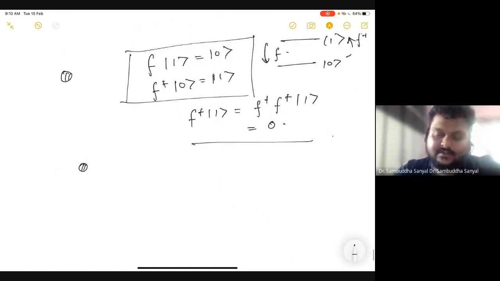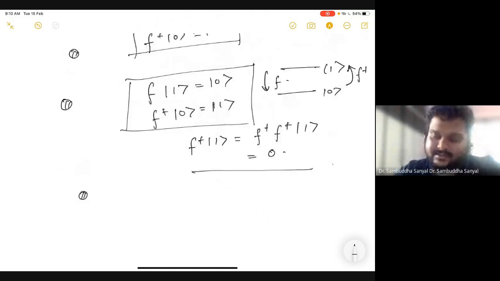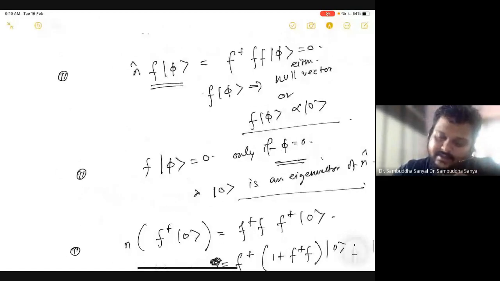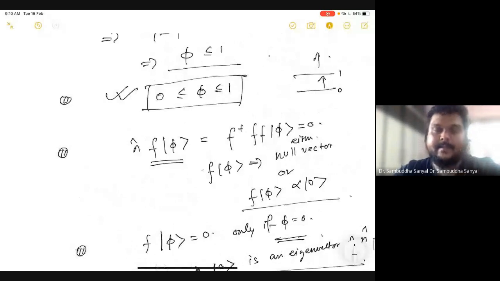So notice, everything is clear so far, at least this. If you have not followed the algebra, did you understand this statement? Everybody is clear up to this? Any comment? Am I connected?